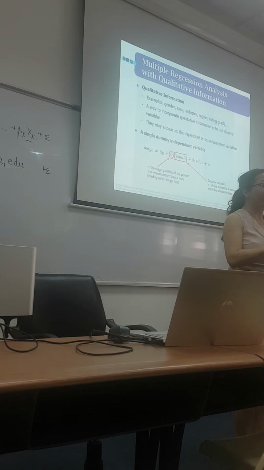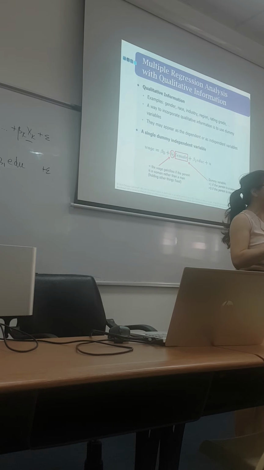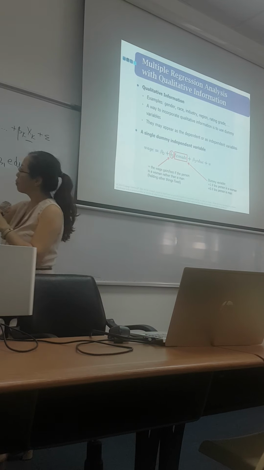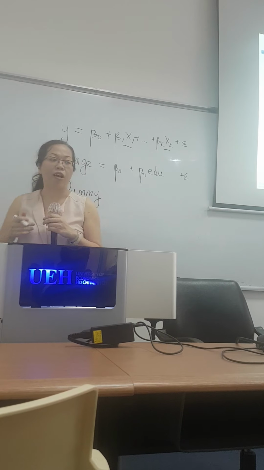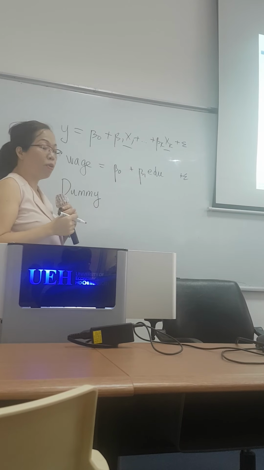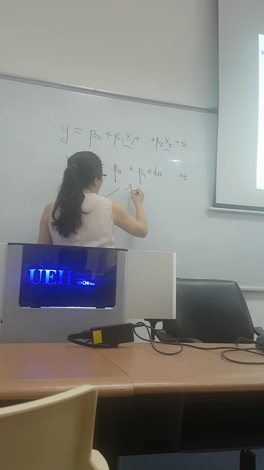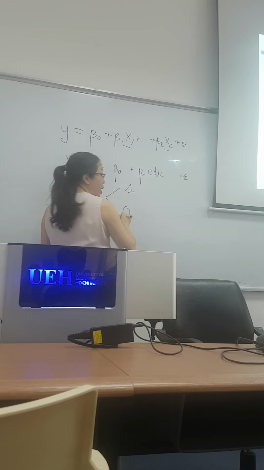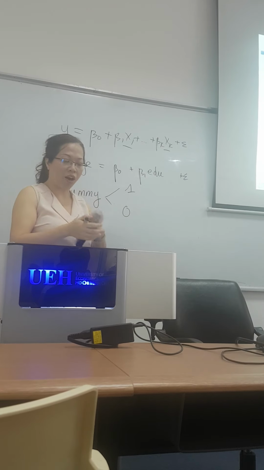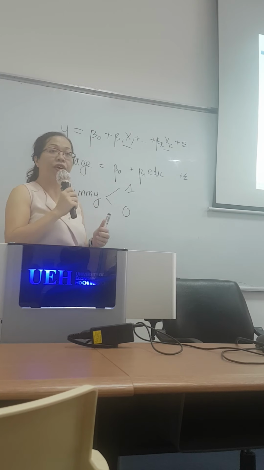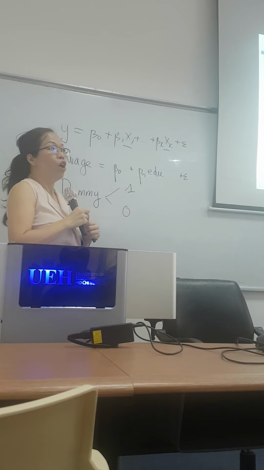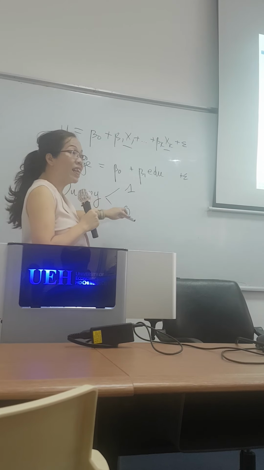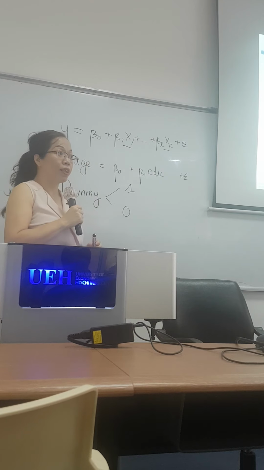The way to incorporate qualitative data is to use a dummy variable. A dummy variable is a variable that takes only the values 0 and 1. By using the dummy variable, we will be able to incorporate qualitative information in the formula.